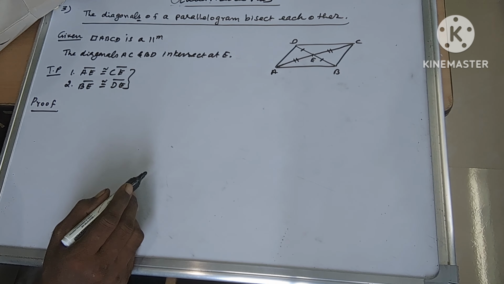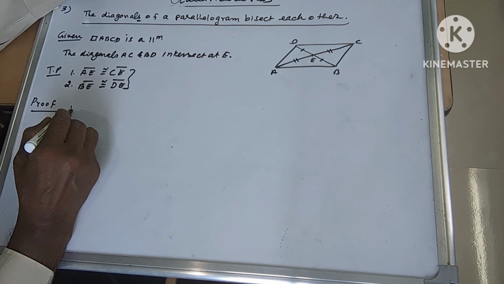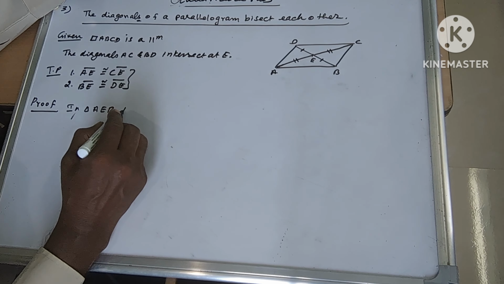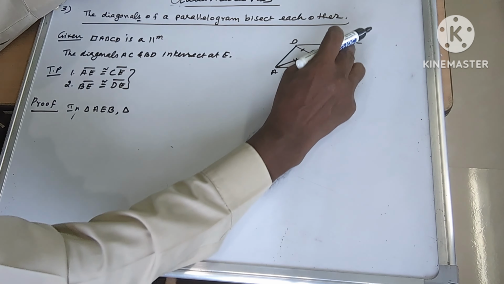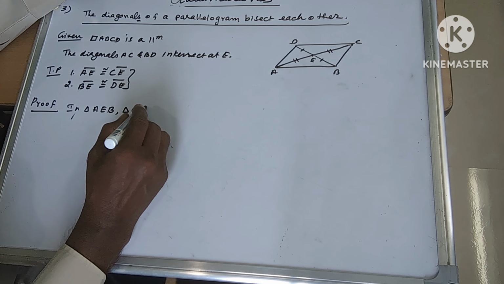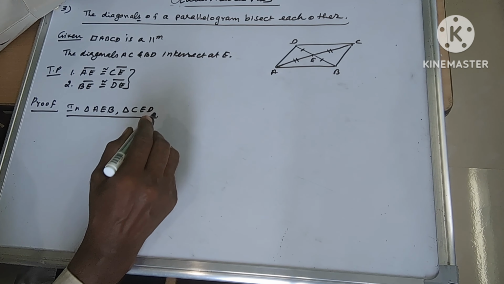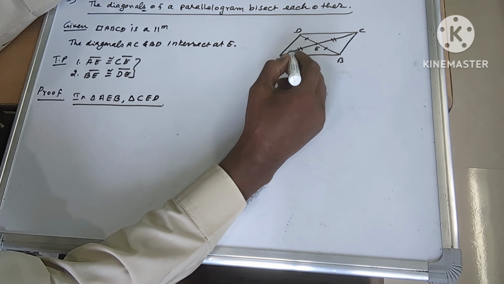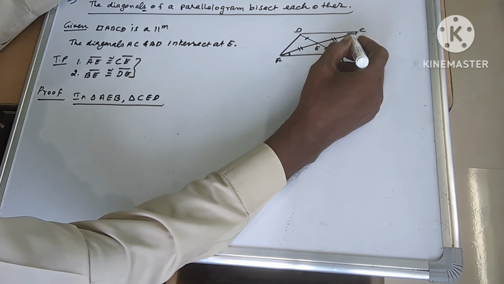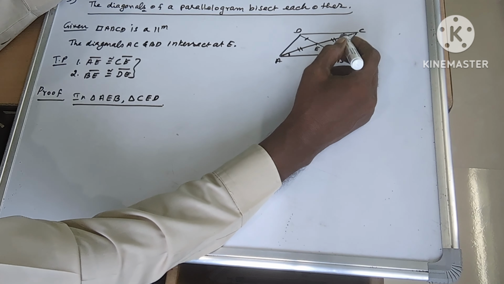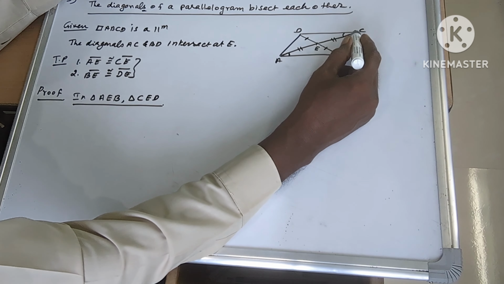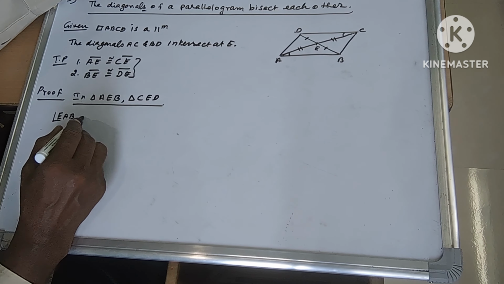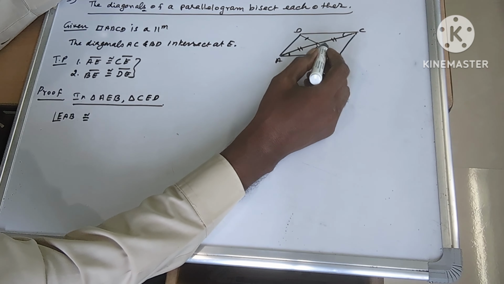First we have to take triangle AEB and triangle CED. In these two triangles, angle EAB and angle ECD are congruent. Angle EAB is congruent to angle ECD.